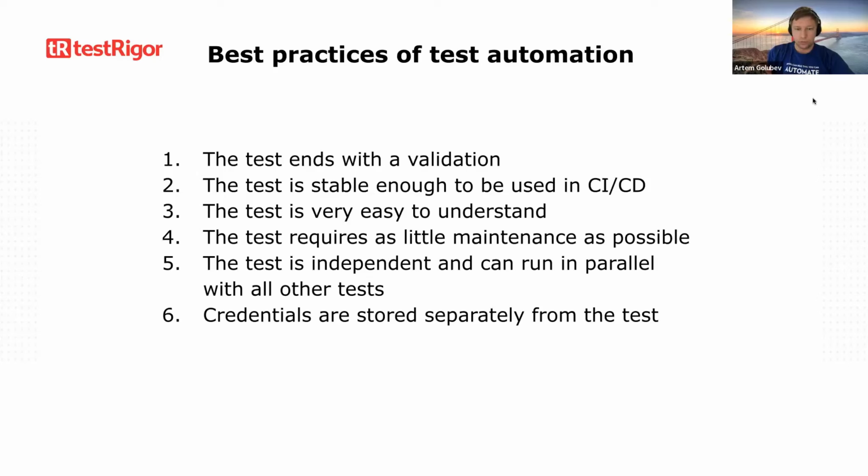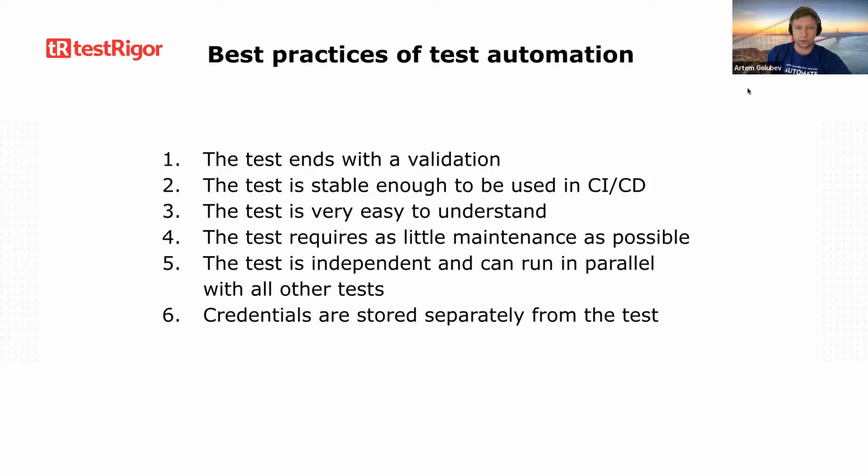So in order to overcome it, in order to make it a proper test, you would always want to add a validation at the very end of your test, where you validate that the last action was successful, and that the whole sequence of steps resulted in what you would expect in this state.